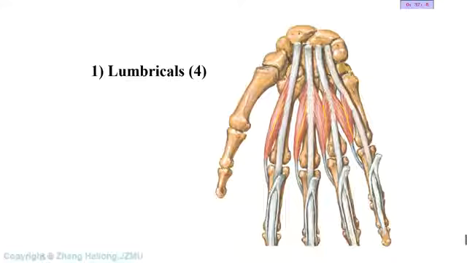At the same time, you see this muscle, the distal part goes to the back of the distal and the middle part of the finger. So at the same time it can make your finger extension. This joint flexion and this joint extension.